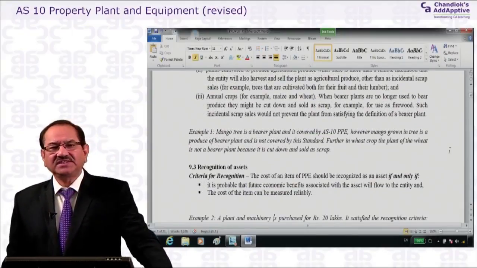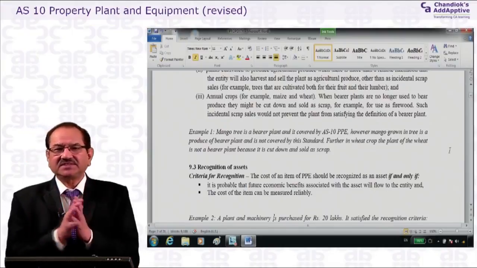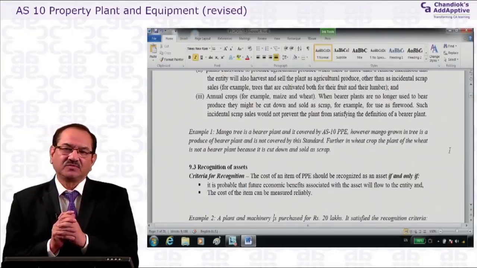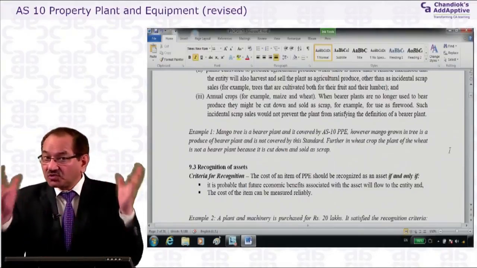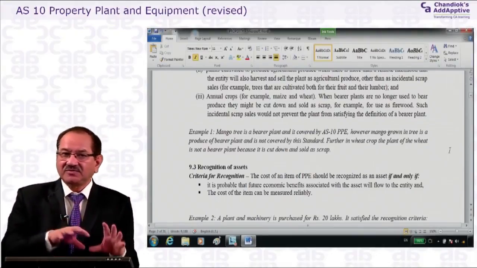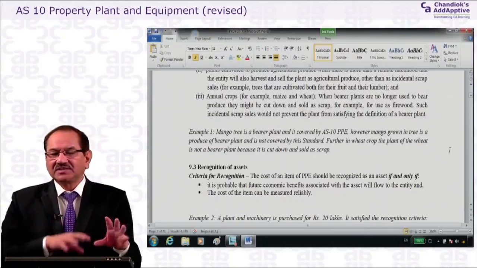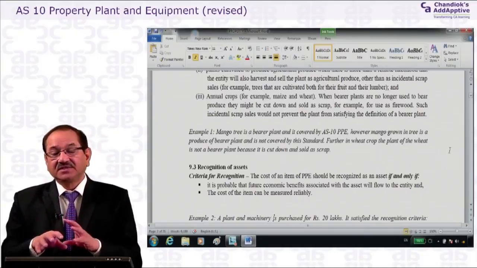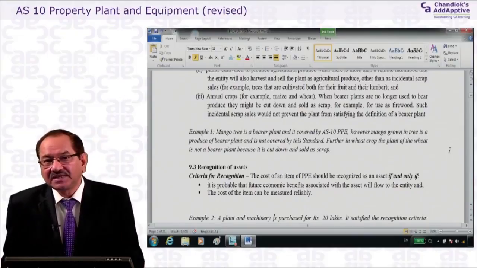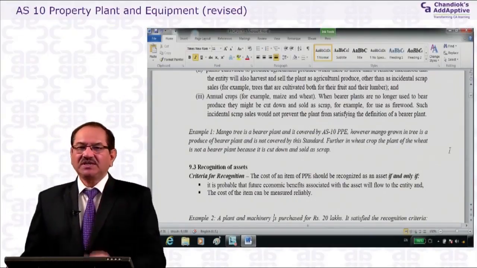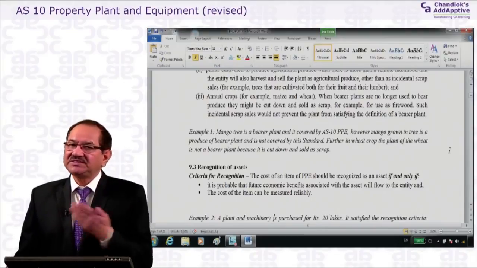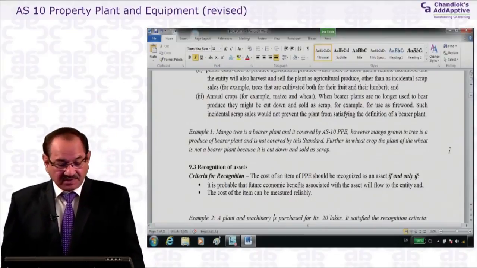We have discussed what property, plant and equipment is, and what the scope of this is. The only new thing, as you must have observed, is that the bearer plant is another type of asset which has been included because of this AS10 PPE.